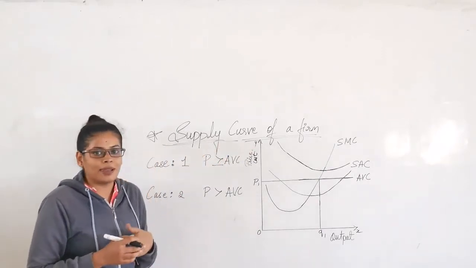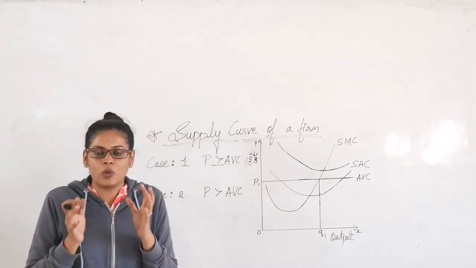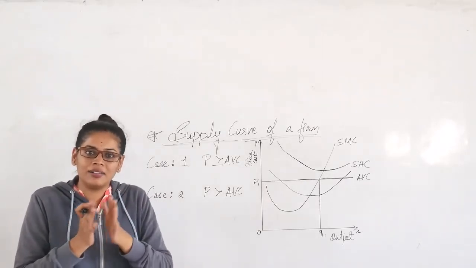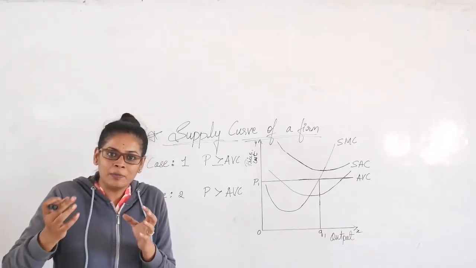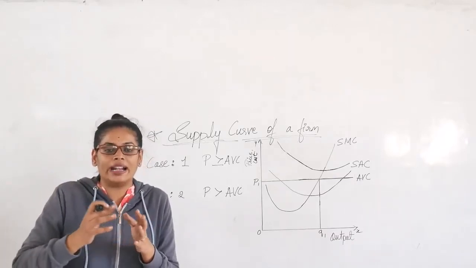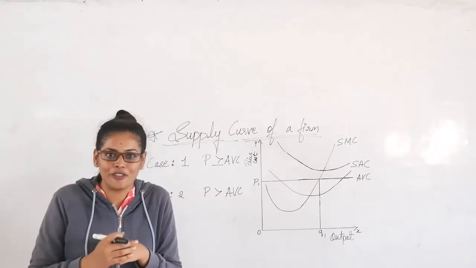So what is a supply? Supply is nothing but the quantities sold by a firm at a given price, a given technology, and also at a given price of factors of production.